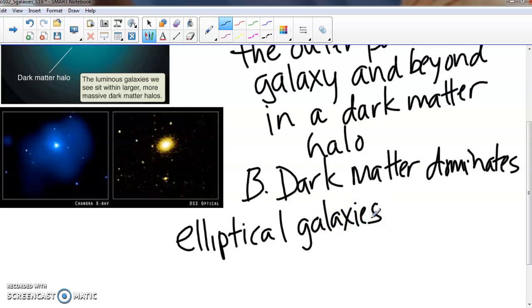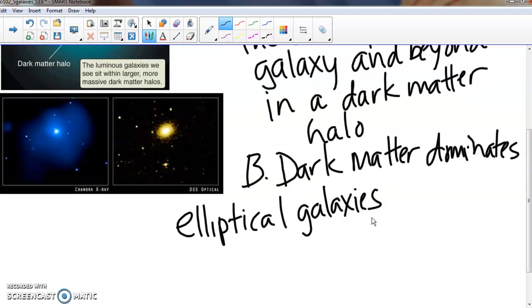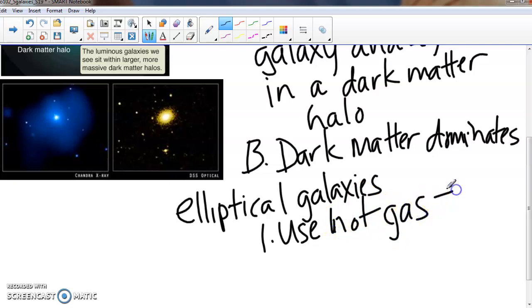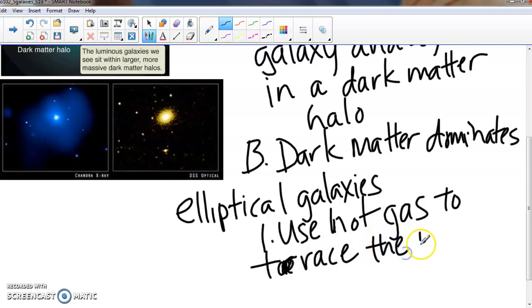But we don't find it by rotation curves. Instead, we look for it by looking for gas, specifically hot gas. We use hot gas to trace where there is mass, to trace the mass.